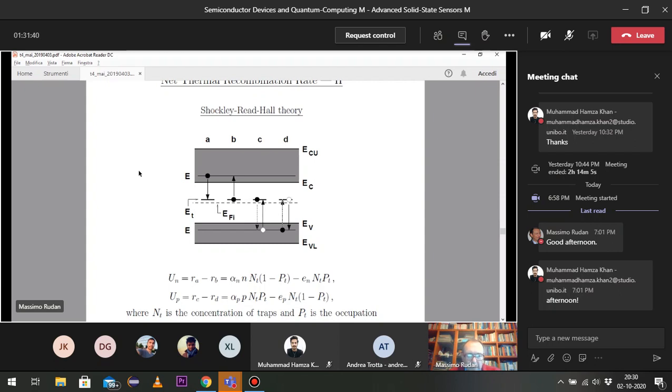You remember that it may happen that inside the gap of the semiconductor, this figure shows the conduction band on top, the valence band in the bottom, and in the middle we have the gap, okay?